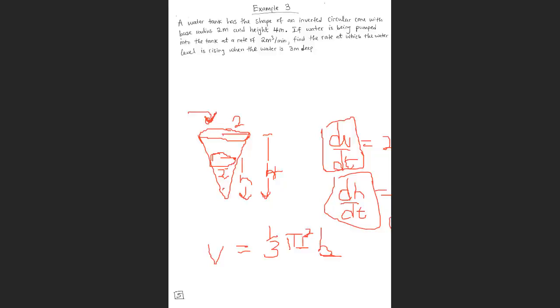You need ratio when you're dealing with the cone, when you're trying to eliminate one of the variables, all right? So look at the ratio of the height of the water to the height of the entire can, the ratio of the radius of water in the can to the radius of the tank, all right? So if you do that, you get 2h equals 4r, therefore r will just be h over 2.